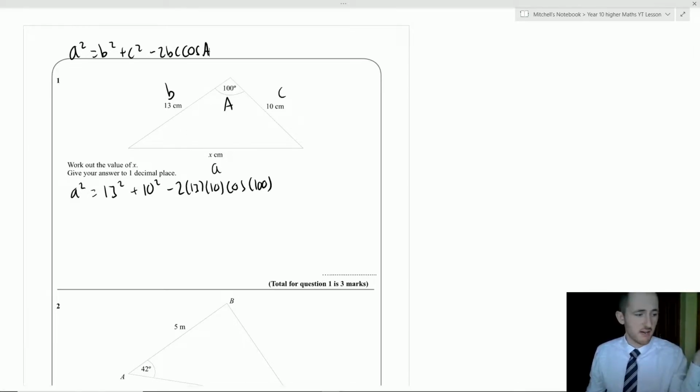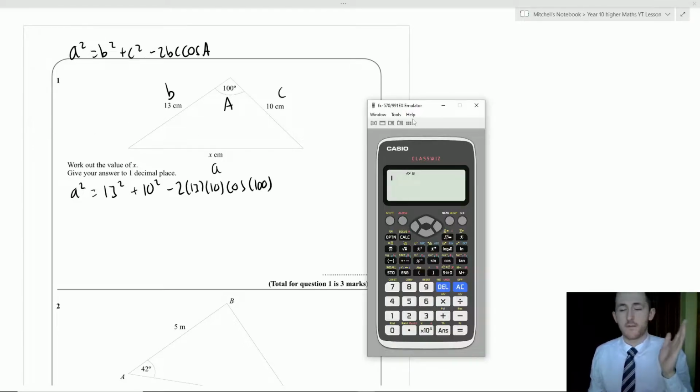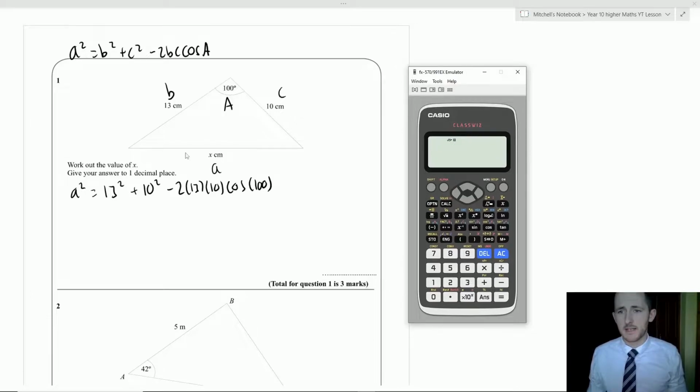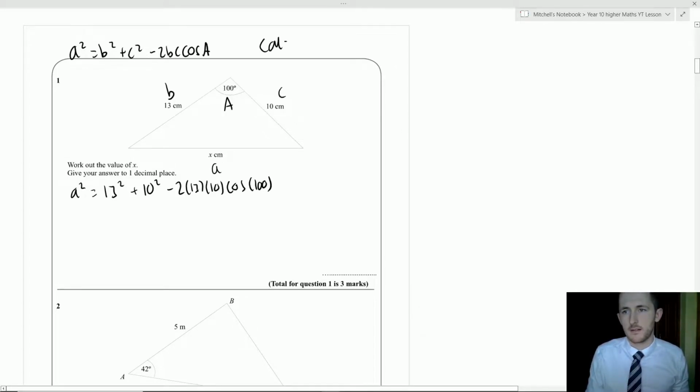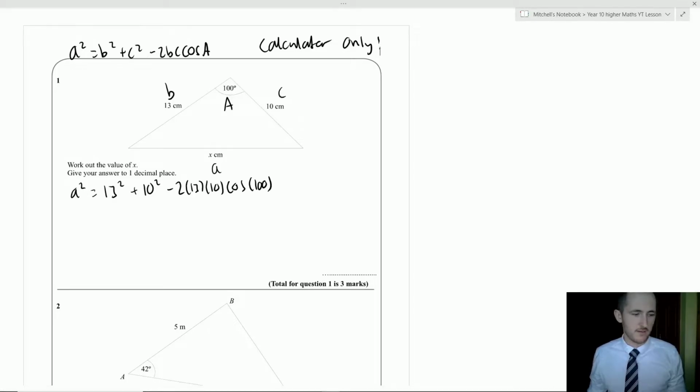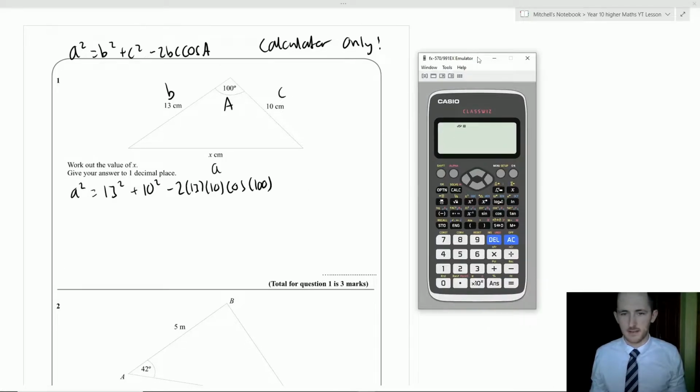So all we need to do is use a calculator now. Just as something that might hopefully soften the blow a bit, this only comes up on the calculator paper, and the reason for that is it's a very complicated formula. They're not that mean. So we have 13 squared plus 10 squared. And again, just enter it exactly as I've entered it.